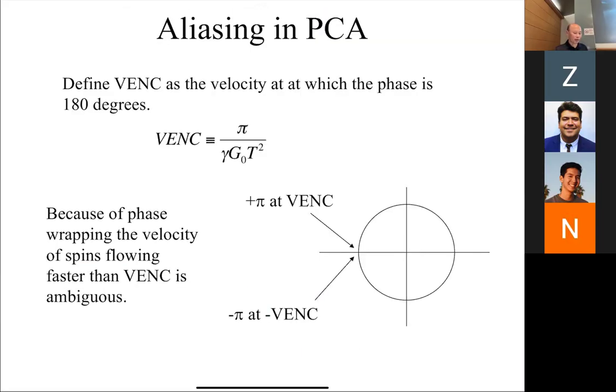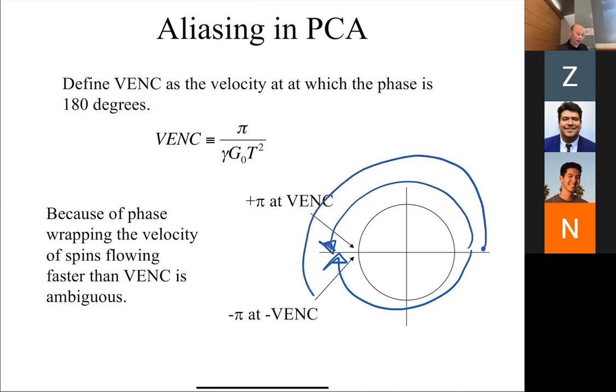One thing that you should know about is that remember we're looking at phase, right? And we're saying that the phase is basically proportional to velocity. So I could have a phase of pi if the velocity went this way, or a phase of pi if the velocity went that way, right? The problem is, let's say I had a phase that went all the way to here.